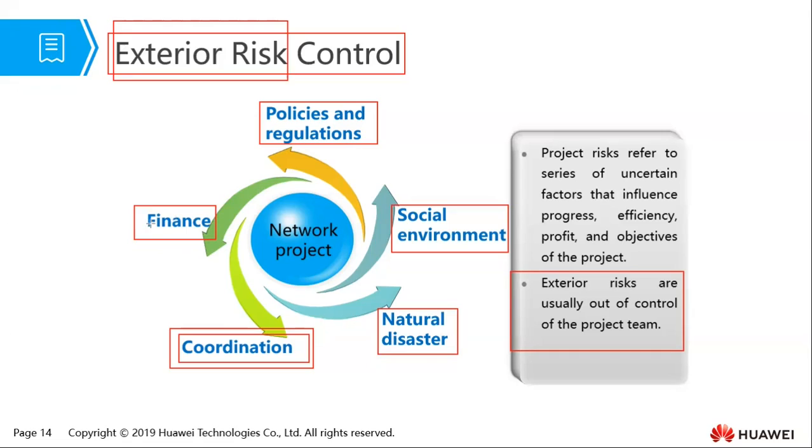So what happens? Other than this, some of the other financial factors that you need to take care of include things like the exchange rate, inflation, currency inflation, and national interest rates. Some of those things can actually affect your project.